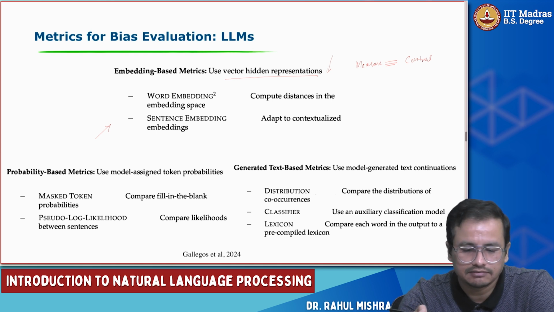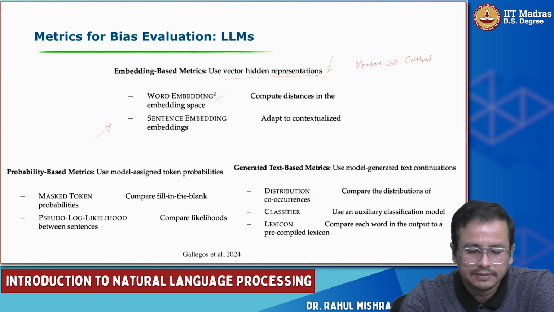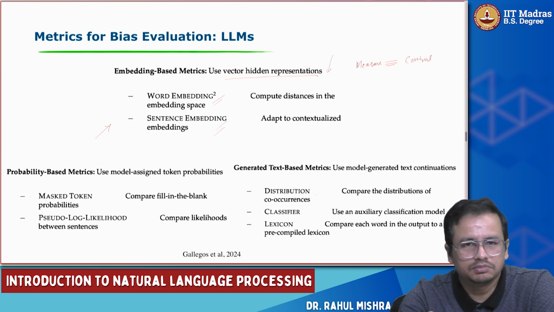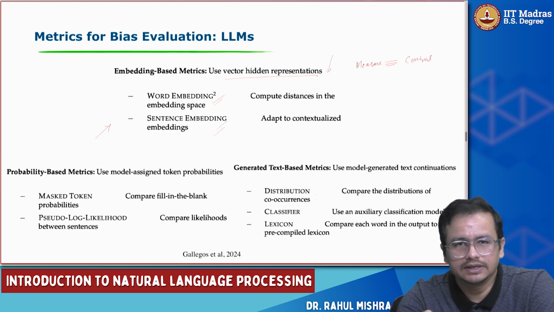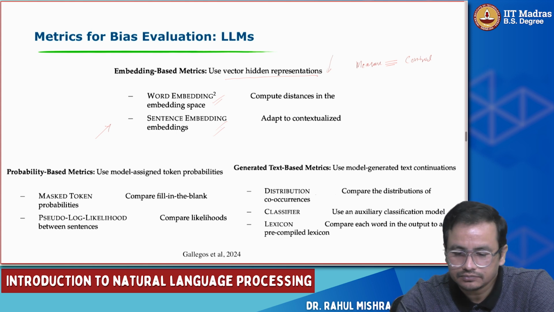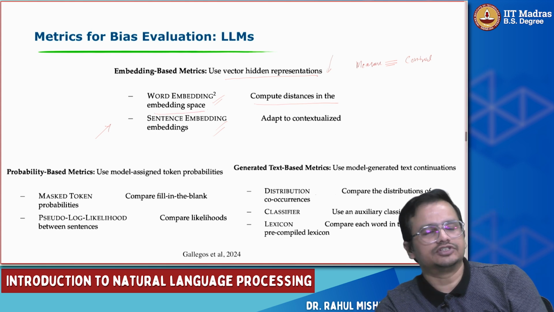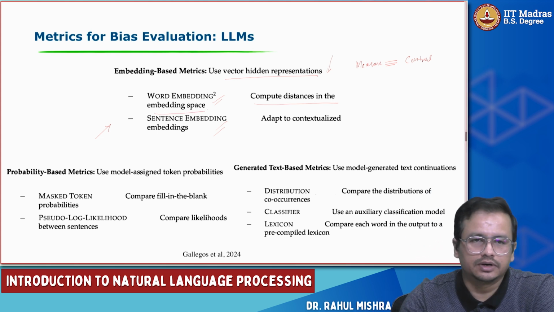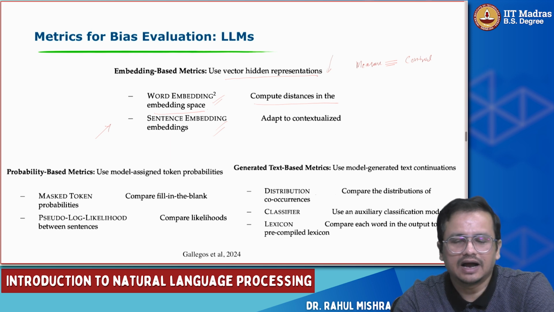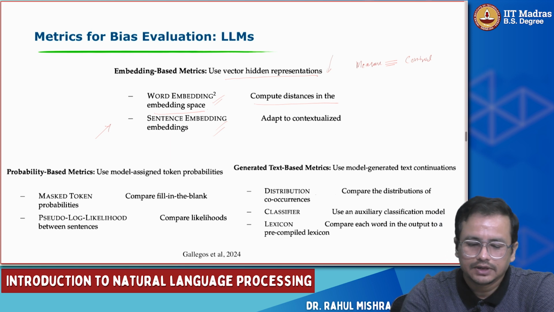So we have a word embedding in the embedding space, and we can have a sentence embedding, either at the word level or at the sentence level. What you need to do is compute the distance in the embedding space. Given two words, a neutral versus a biased word, we compute the distance, and that computation, let's say cosine similarity, will give you a measure of how much bias might be there.